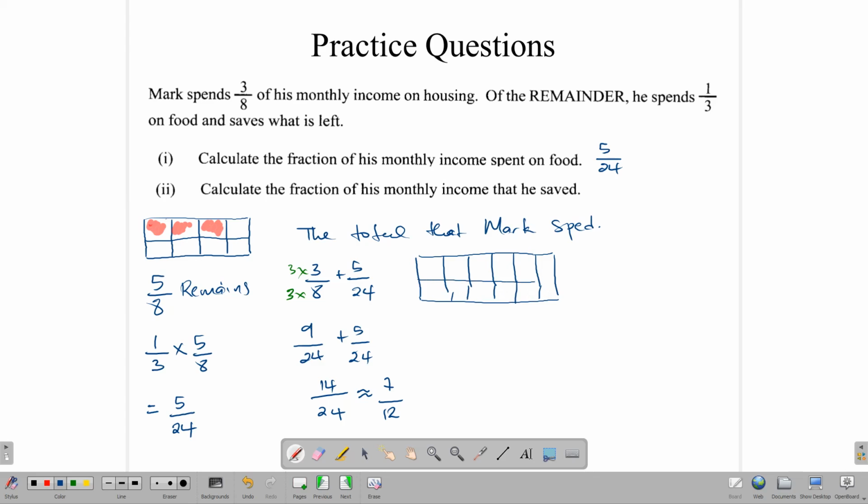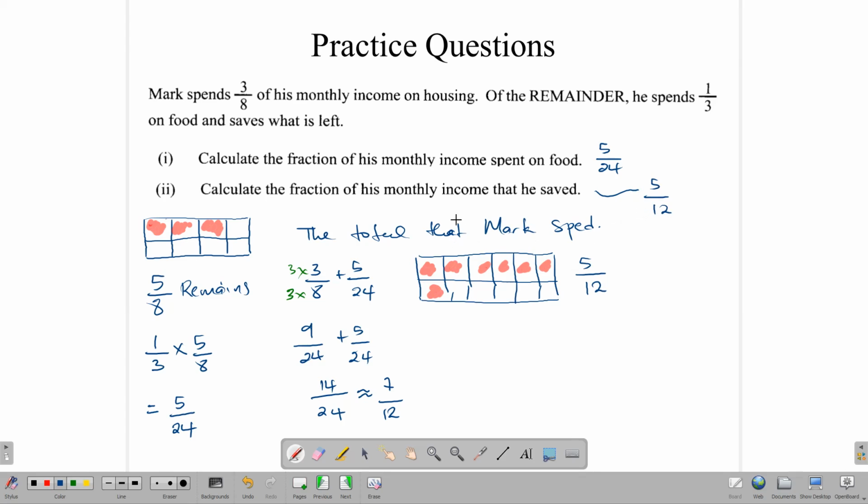All right, so this is 12 parts, 2, 4, 6, 8, 10, 12, yes. He spends 7 out of the 12. So 1, 2, 3, 4, 5, 6, 7. And that would mean that he has 1, 2, 3, 4, 5 parts left. So the fraction that would go to savings would be 5 over 12.